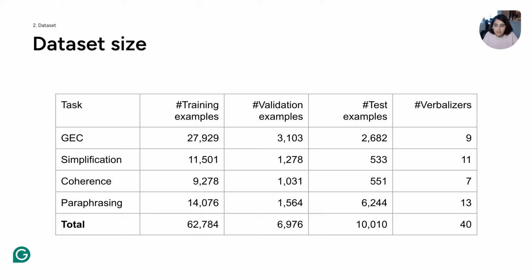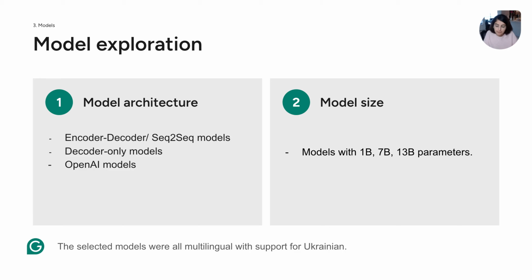Now, this is the dataset size that we have open sourced: about 60,000 training examples, about 10,000 test examples, and 40 verbalizers in total across all the 4 tasks. Talking about the models, we explored models in 2 different dimensions.